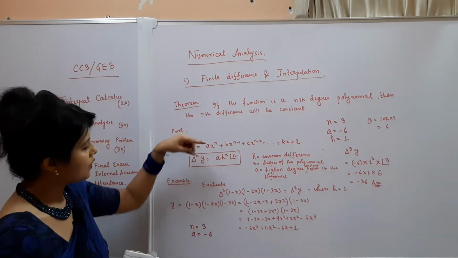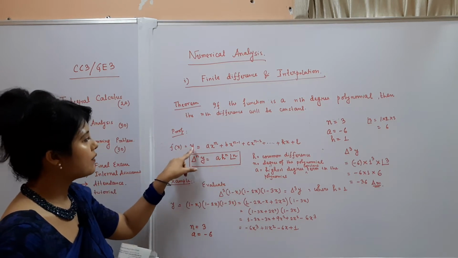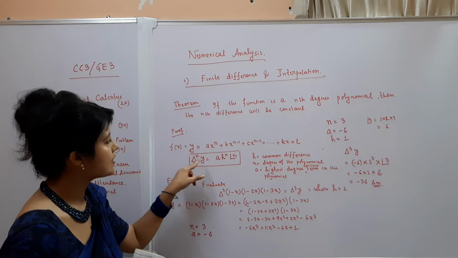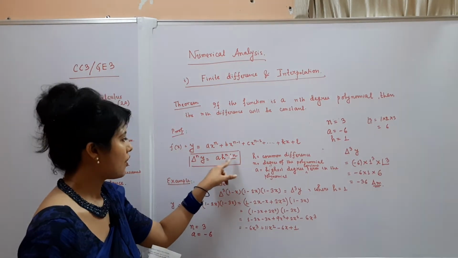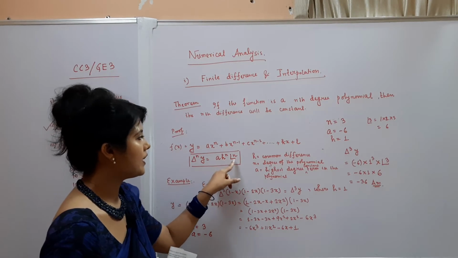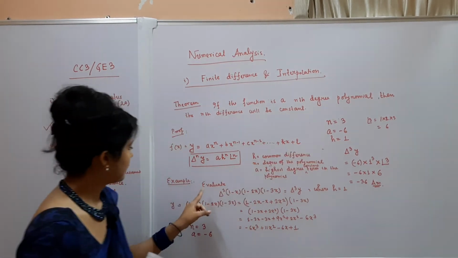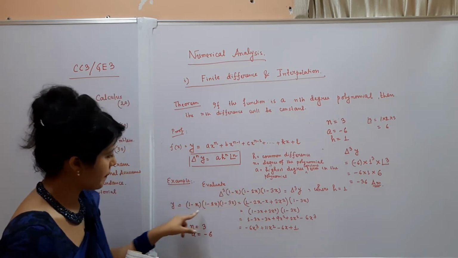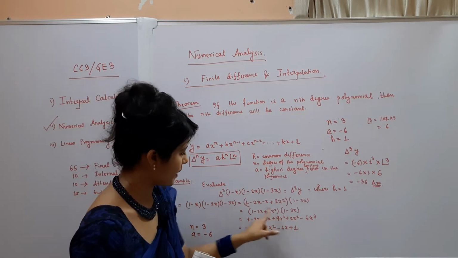So what I have done is I have just used the result, that is, if y is an nth degree polynomial, then its nth difference is a constant, and this is the expression of this constant term, that is a h to the power n into factorial n. For this problem, this is the factorized form, so I can expand it like this.